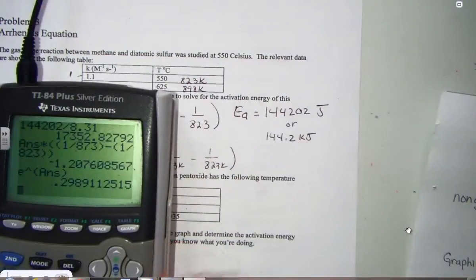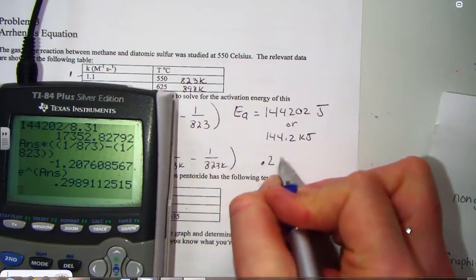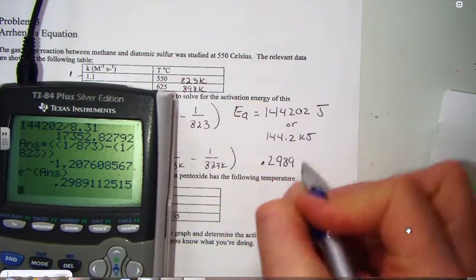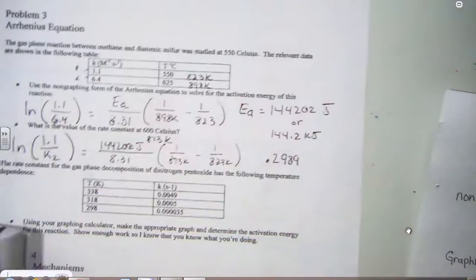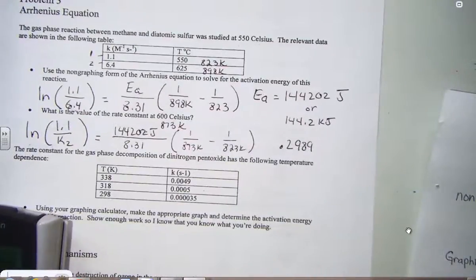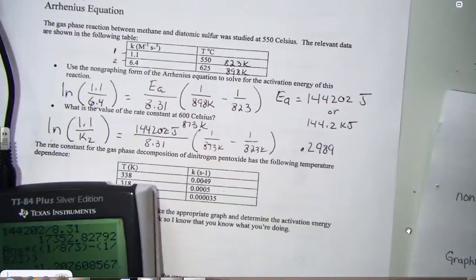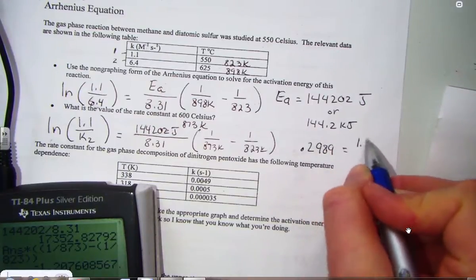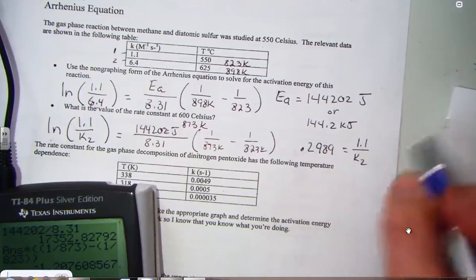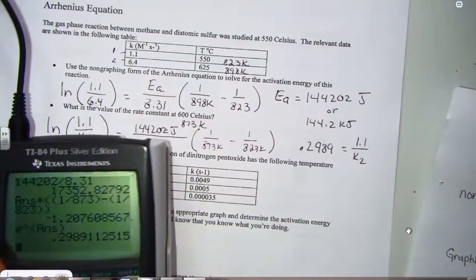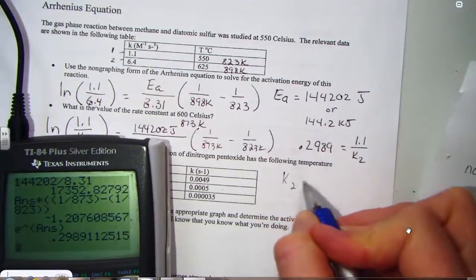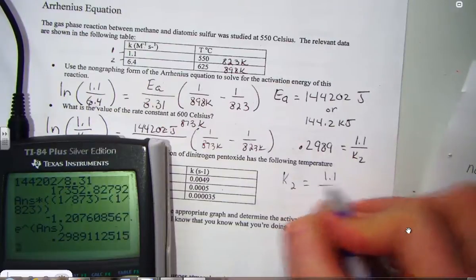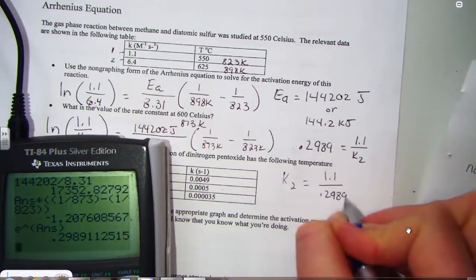Alrighty, and I'm going to record this so far. We have 0.2989. Alrighty. And so that's equal to 1.1 over K2. That's where we are so far. All right, so how do we pull out K2? We're just going to switch those around. 1.1 divided by 0.2989.